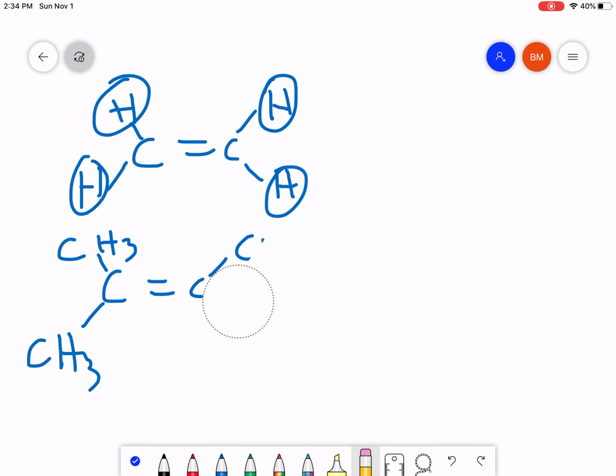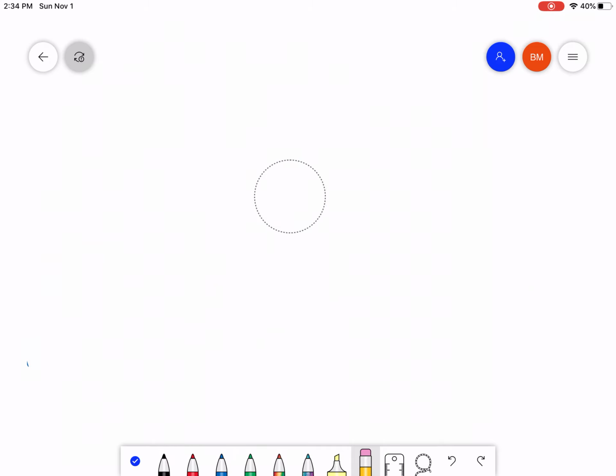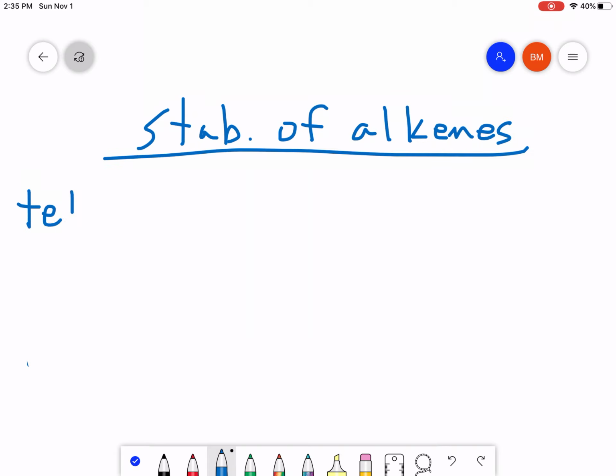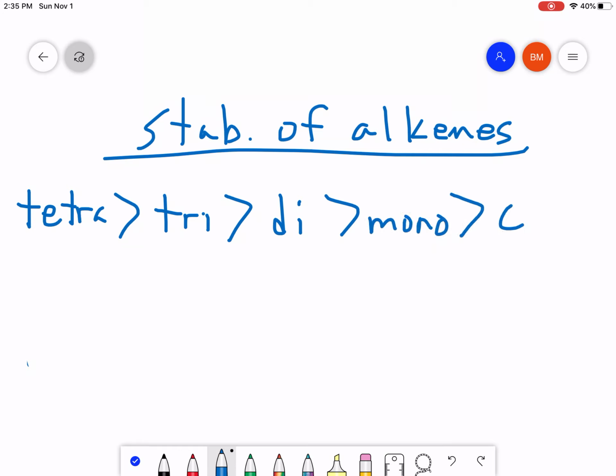And as far as stability goes, the more substituted, the more stable it is. All right, so tetrasubstituted is more stable than tri, more stable than di, more stable than mono, more stable than ethene.